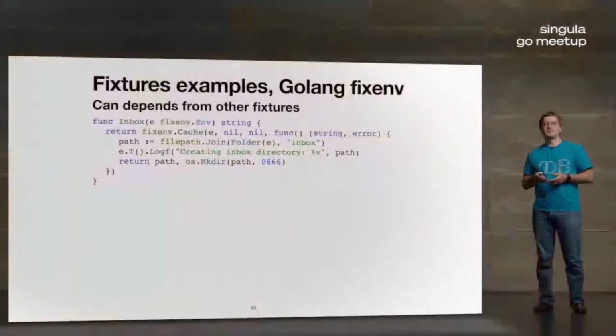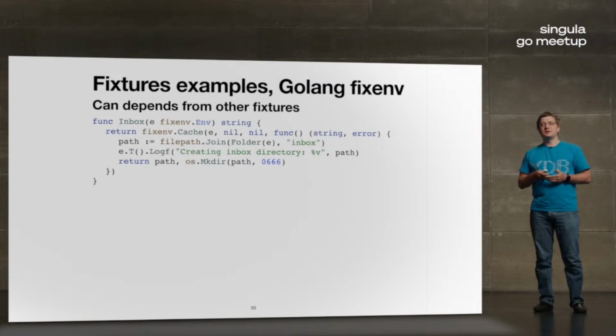Then we can try to use both the inbox and folder fixtures in the same test. As you can see, first, before inbox works, the folder fixture will create the working folder. Then inbox creates the inbox directory.